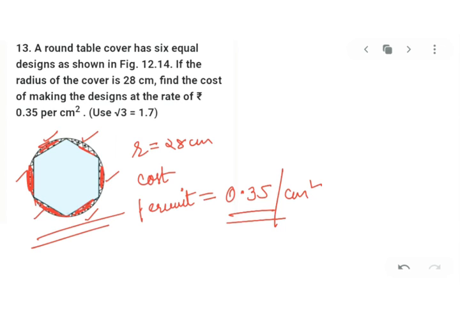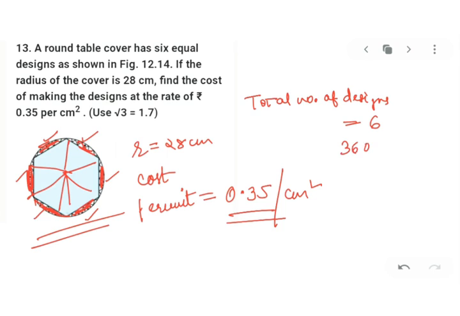Let's start. Now my dear kids, the total number of equal designs. How many designs are there? So the total number of designs are 6. So I write, total number of designs are 6. Okay. Now if the designs are 6, that means can we take that there are 6 triangles? Okay, and each triangle will have angle as 360 divided by 6.